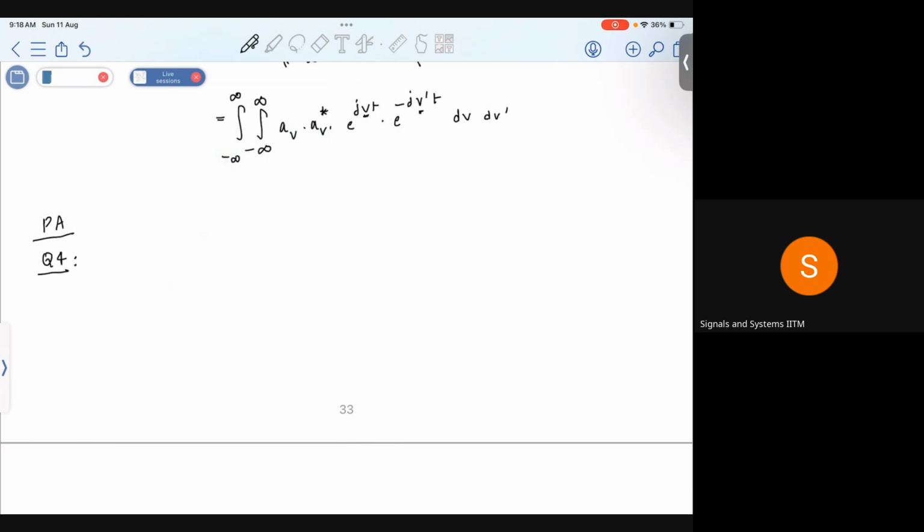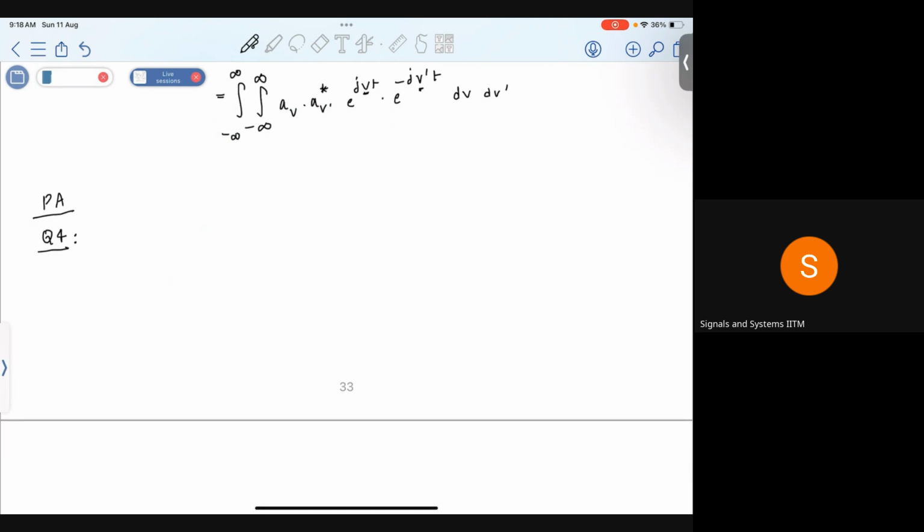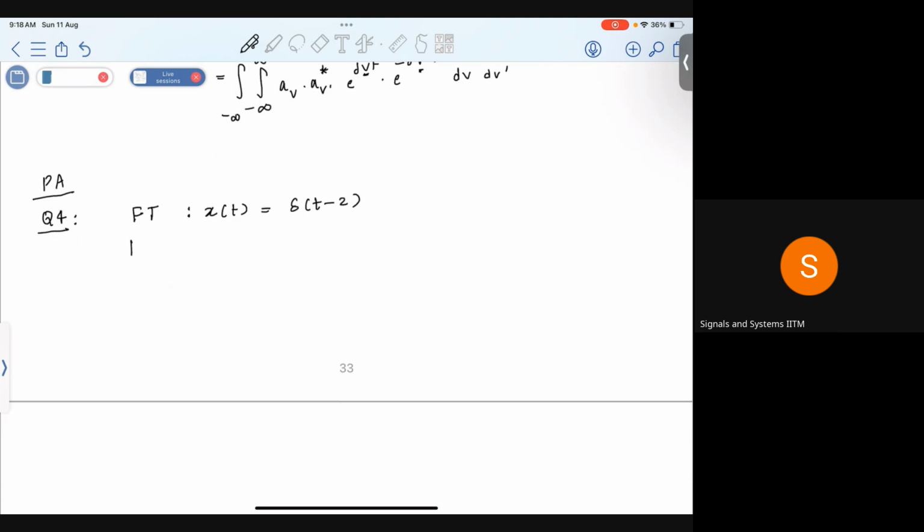So let me write the question. I hope this is the question. You are supposed to find the Fourier transform of the signal x of t is equal to del of t minus 2, which is denoted by x of j omega.